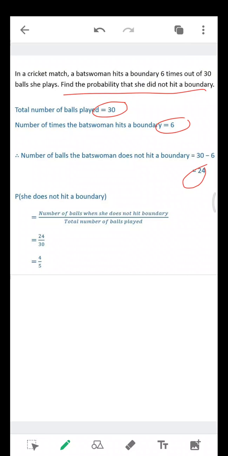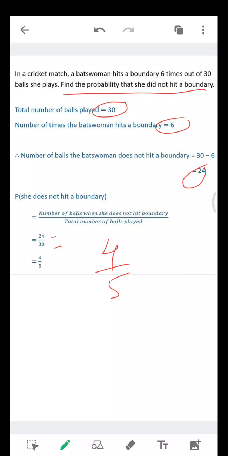For 24 balls she did not hit the boundary, so our probability will be 24 by 30, that will be 4 by 5. This is the chance of her not hitting a boundary.